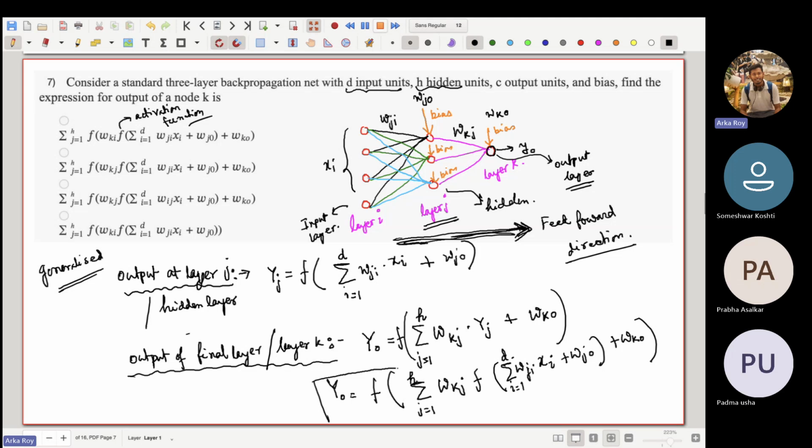This is what your final composite equation will look like. This part is coming from the hidden layer, and this whole thing is the output layer response.